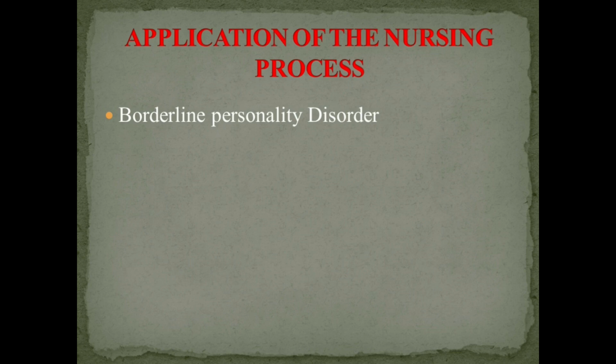And moreover, this borderline personality was sometimes in the historical aspect also called pseudo-neurotic schizophrenia, or we can say ambulatory schizophrenia, in the different terms. Then in the third edition of the DSM, it was termed as the borderline personality disorder for the first time.